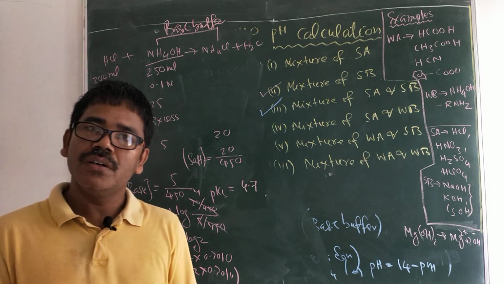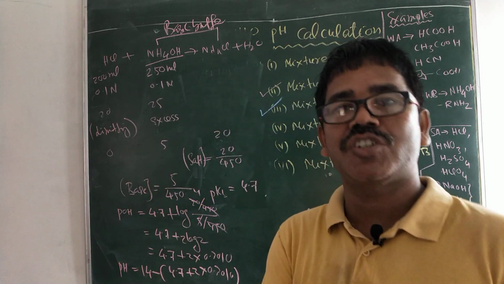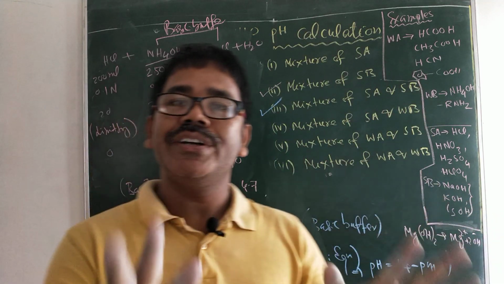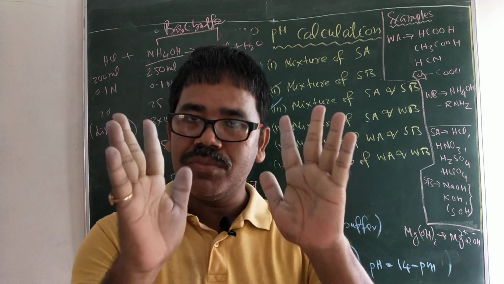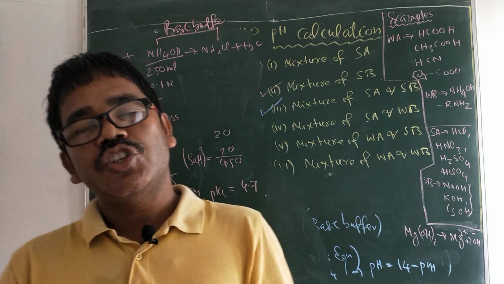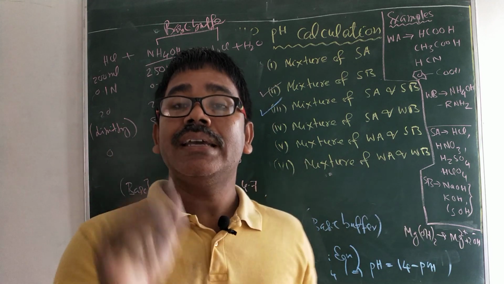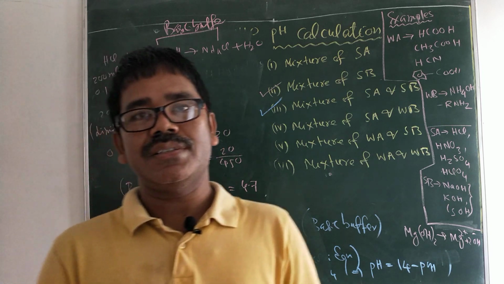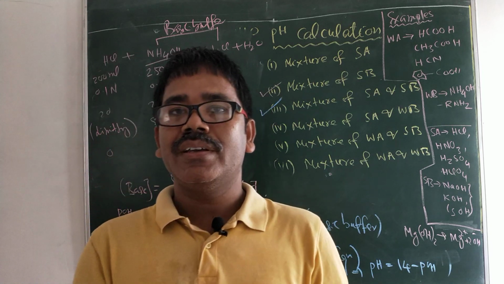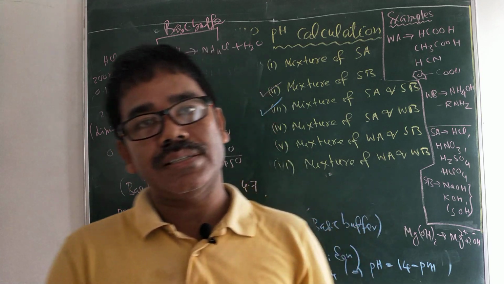Could you follow? Let me recap. When you mix a strong acid with a weak base, we can have three situations. In the first, the milliequivalent of the strong acid and weak base may be the same. In that case, it is a case of salt hydrolysis. As the base is weak, it will go for cationic hydrolysis.